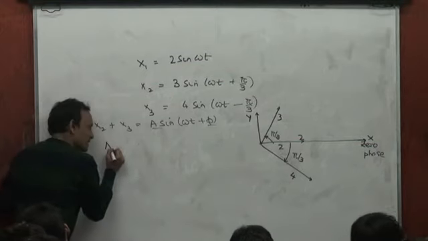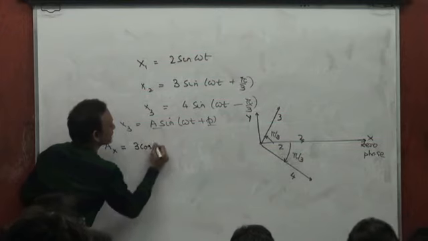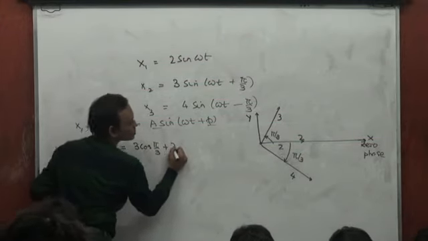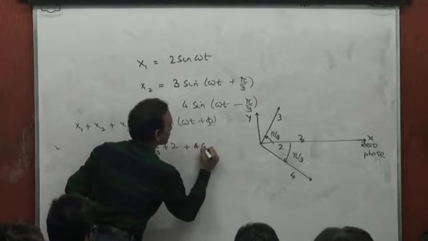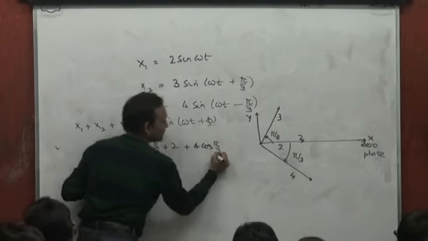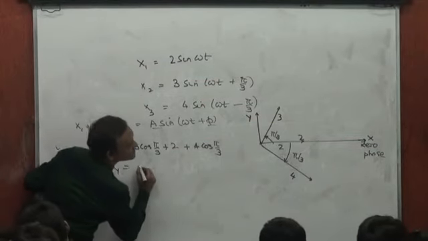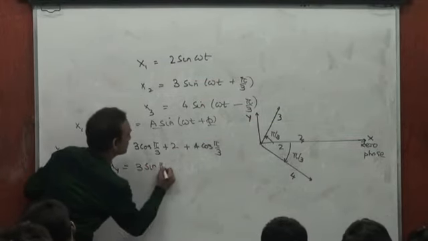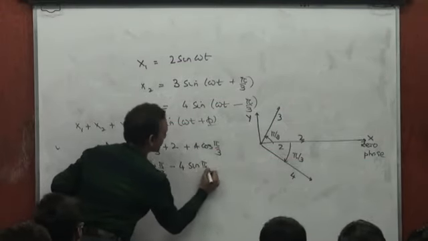So the x component of the resultant is going to be 3 cos pi by 3 plus 2 plus 4 cos pi by 3. The y component of the resultant is 3 sin pi by 3 minus 4 sin pi by 3.